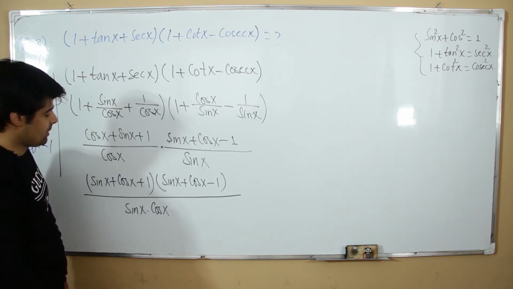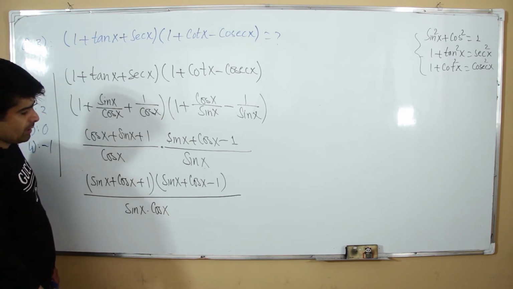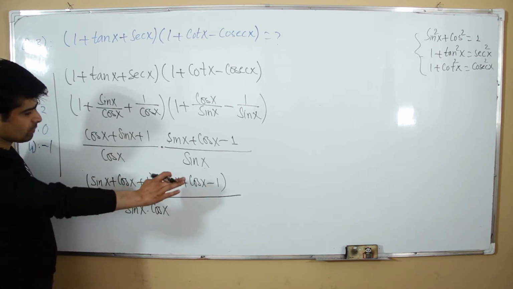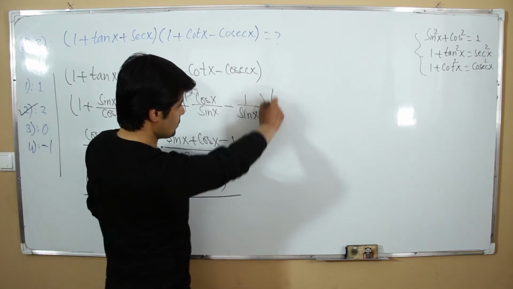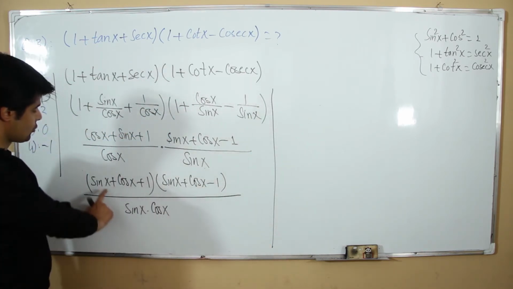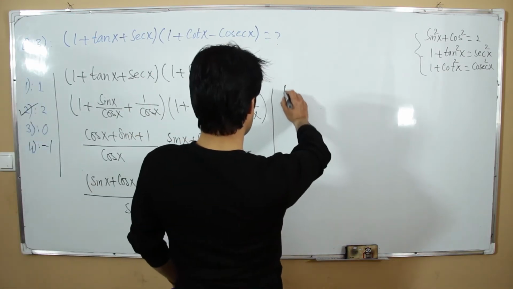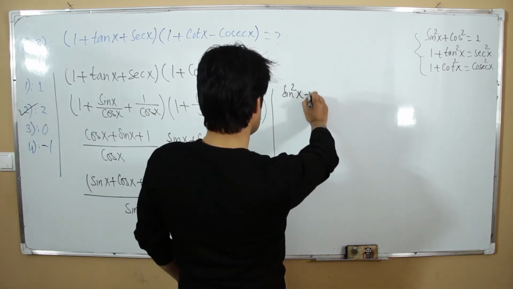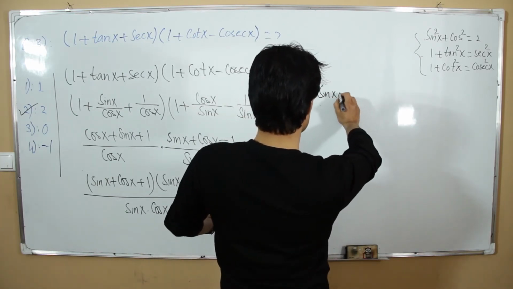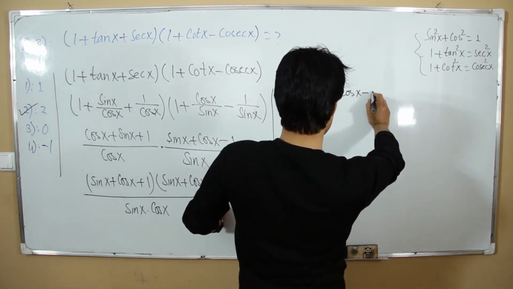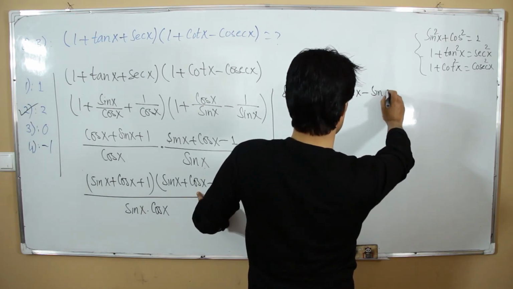Expand that binomial expansion. By the way, I think simple is sine multiplied with all of them, cosine with all of them, and 1 with all of them. It will be easy. So we have sine with all of them. We have sine square of x plus sine x times cosine x minus sine x. Am I right?